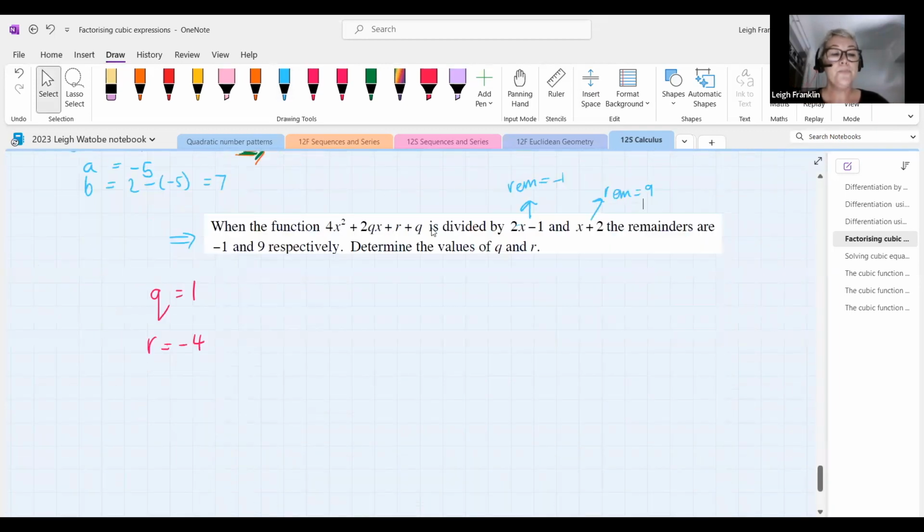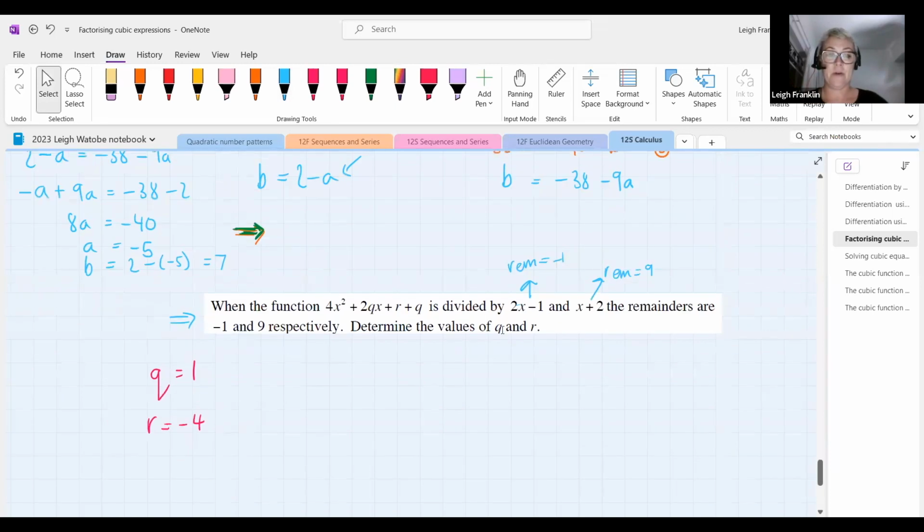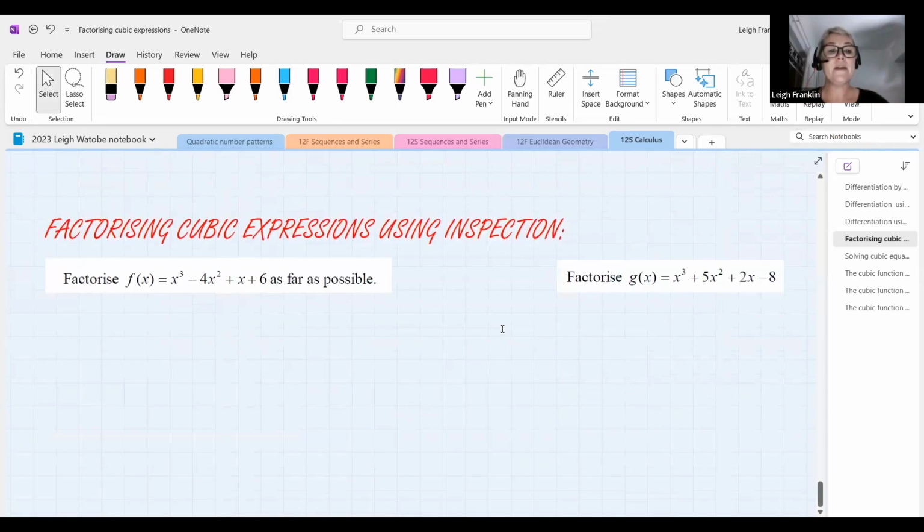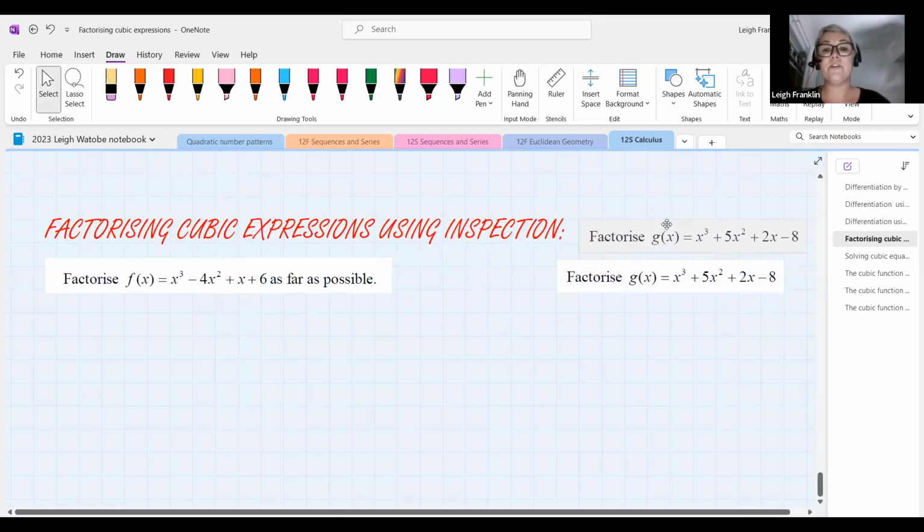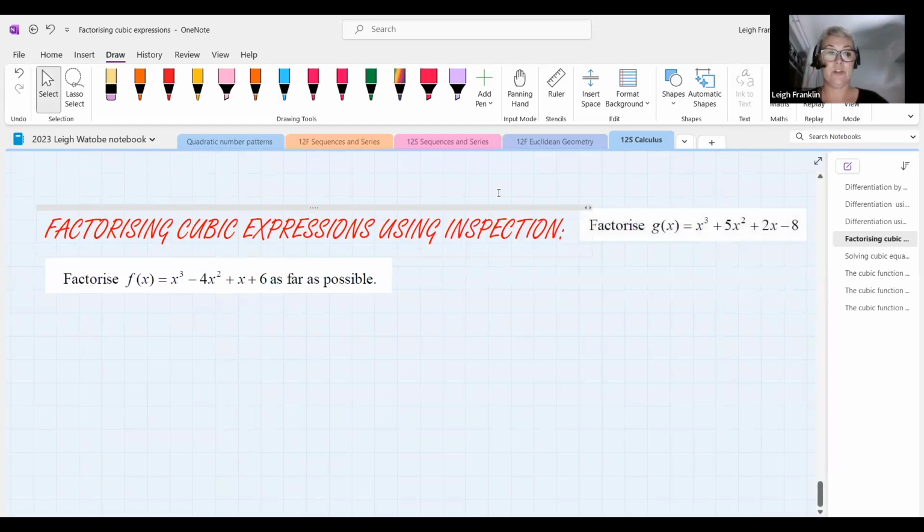The reason that I have been speaking about remainder theorem and factor theorem is because you need factor theorem in order to be able to factorize cubic expressions when you do not have a linear polynomial. Now, we're running out of time a little bit this lesson, but don't stress.